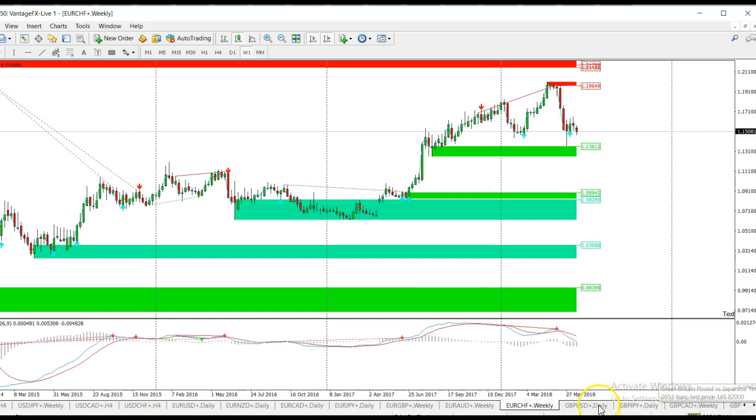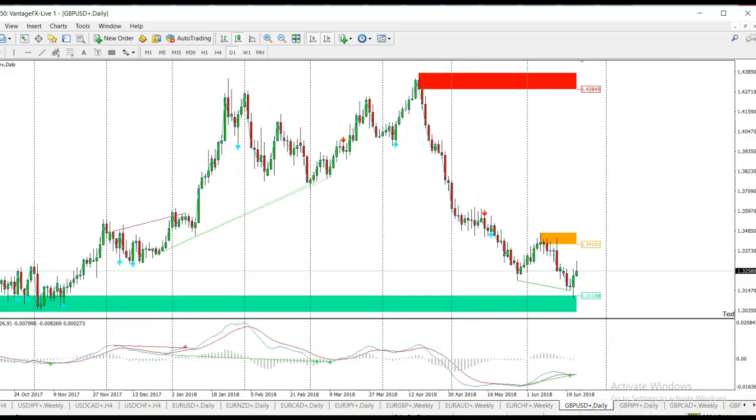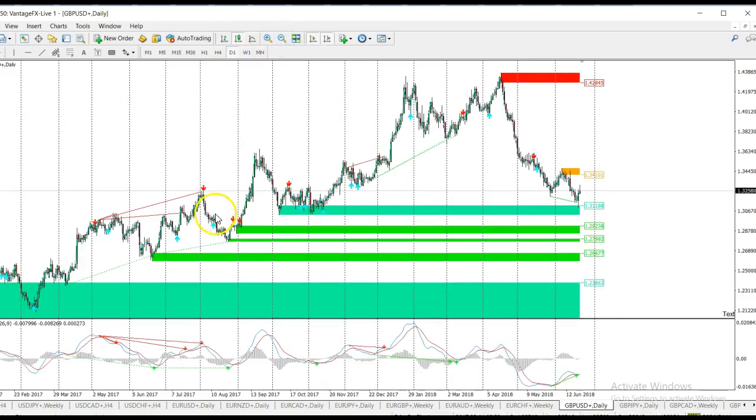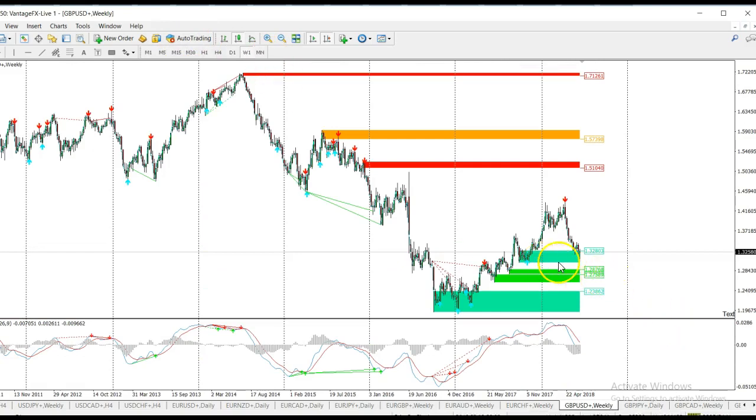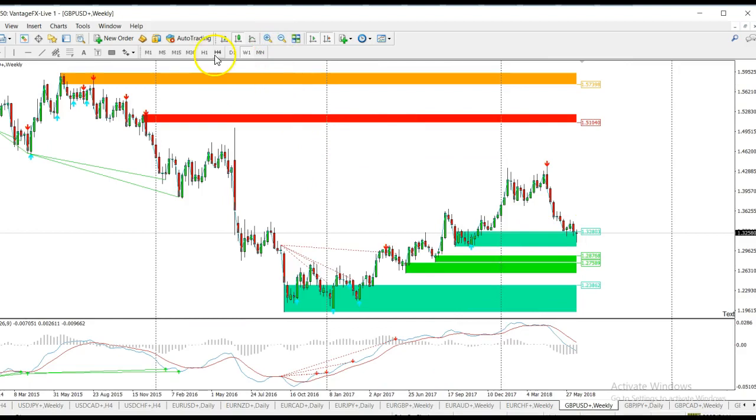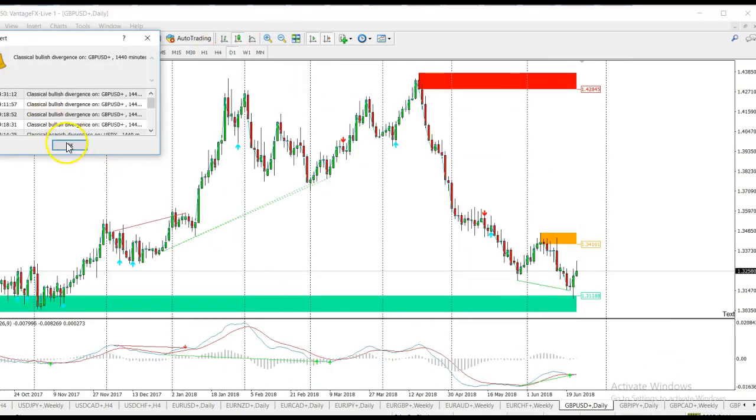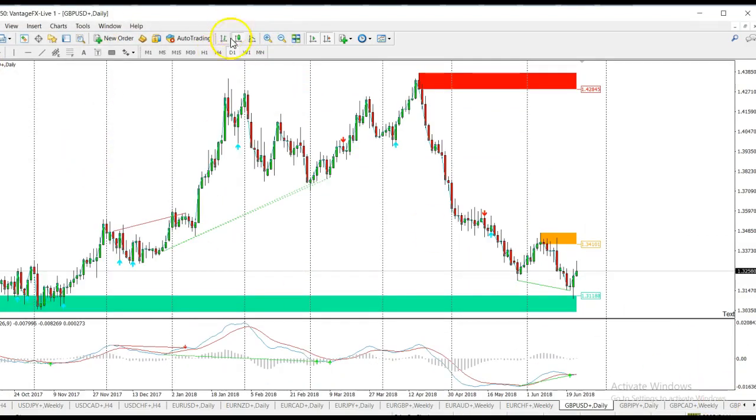So the first one we're going to look at is the British Pound USD. You can see it automatically draws all our zones here on the daily chart and the weekly. We've actually come deep into a weekly area at the minute, and we've hit it daily on Thursday, just within it.